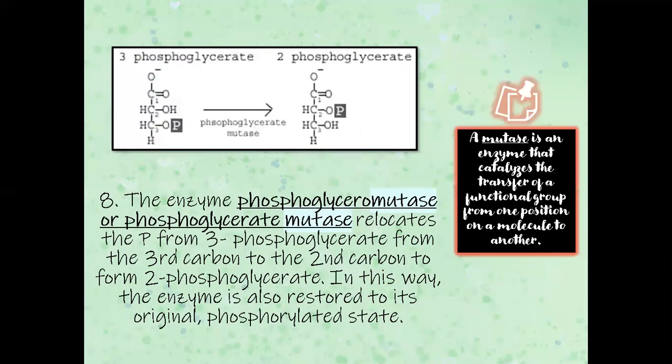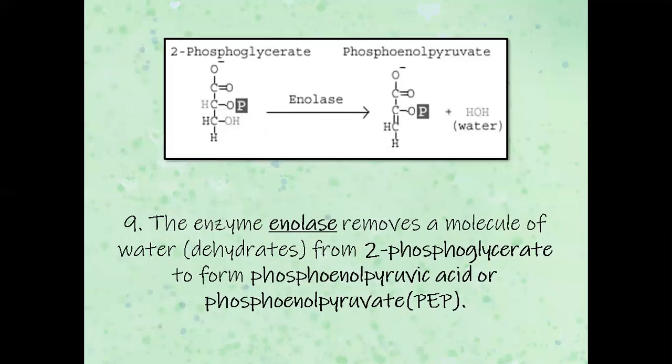In the eighth step, the enzyme phosphoglyceromutase relocates the phosphate group from 3-phosphoglycerate from the third carbon to the second carbon to form 2-phosphoglycerate. In this way, the enzyme is also restored to its original phosphorylated state. In the ninth step, the enzyme enolase removes a molecule of water from 2-phosphoglycerate to form phosphoenolpyruvic acid.